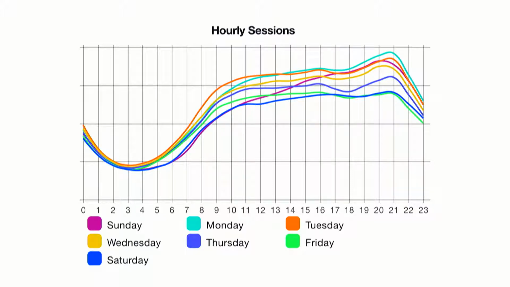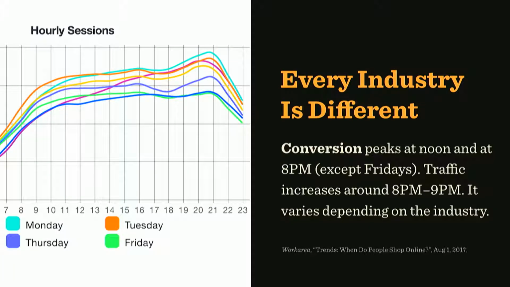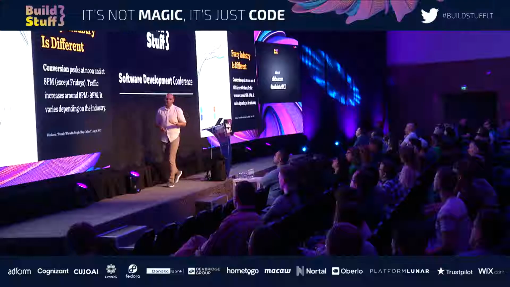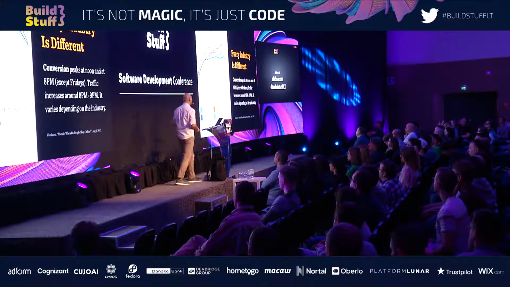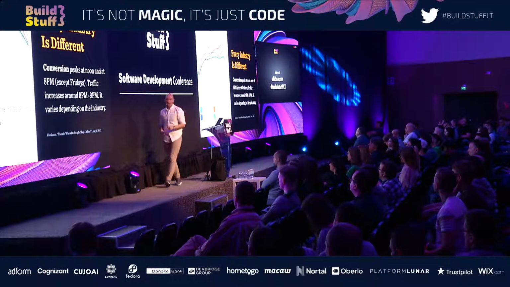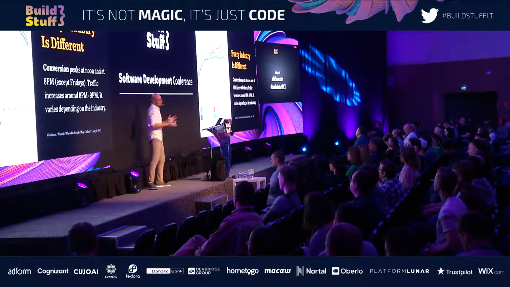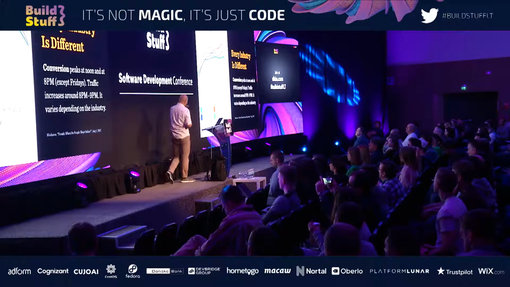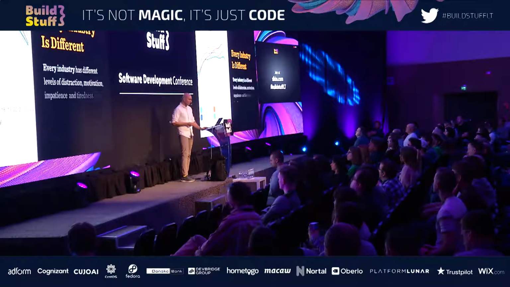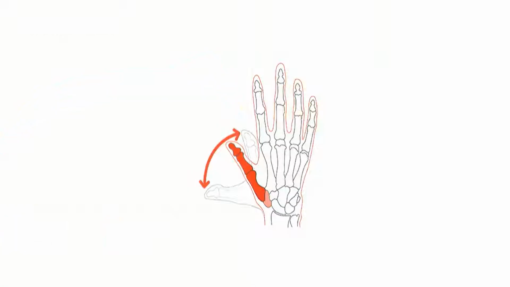But what's also interesting is that with every industry, you will see a similar pattern appearing, where the conversion will be the highest between 8 and 9 p.m. However, people do not buy when they're busy, or when they're hungry, or when they're stressed, or when they're nervous, or when they're panicking, or anything of that kind. So the conversion will be higher also after lunch or just before people have lunch, which is kind of interesting, right?